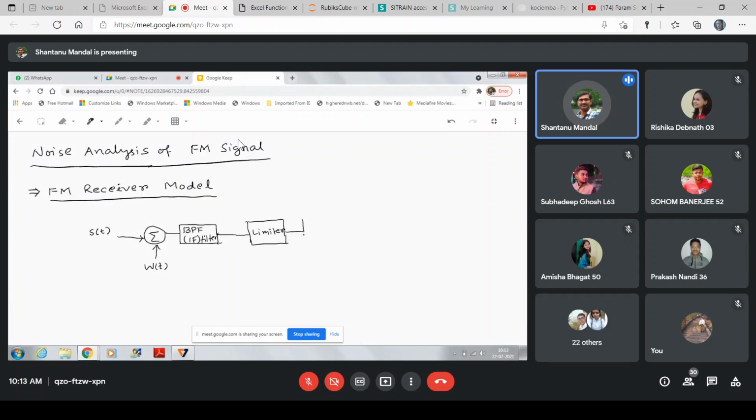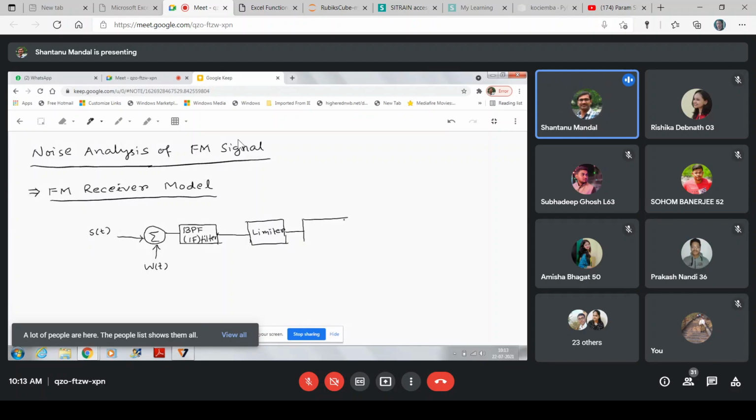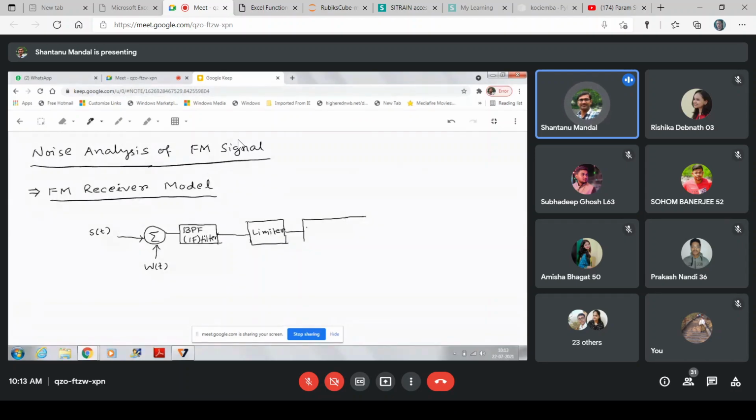The output of the limiter is passed through the demodulator, that is the FM discriminator. After that it is passed through the low pass filter.